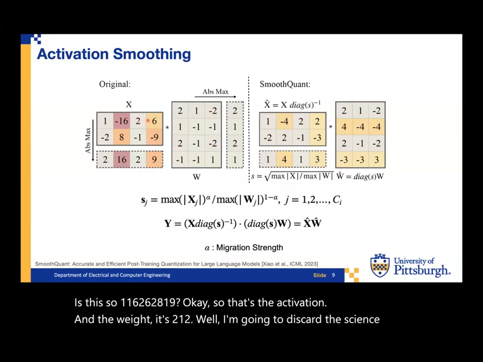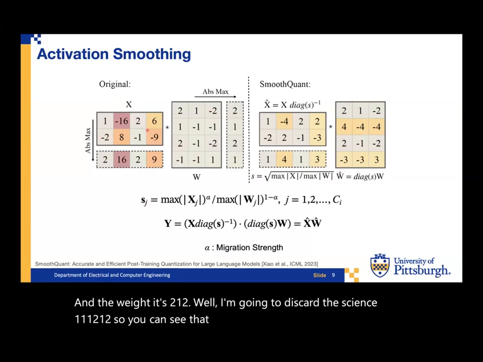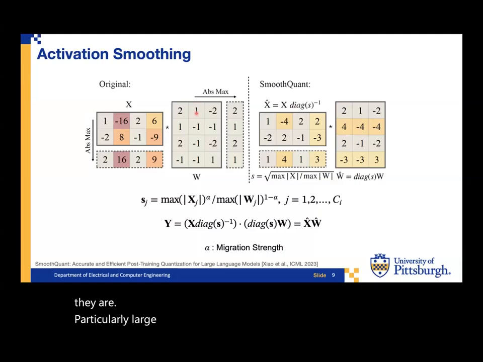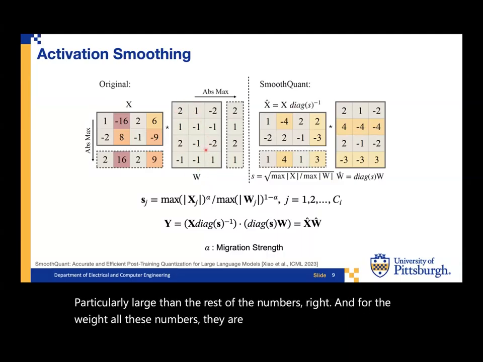This gives you the idea that in the activation, some of the dimensions are particularly larger than the rest of the numbers, right? And for the weight, all these numbers are confined into a fixed range.